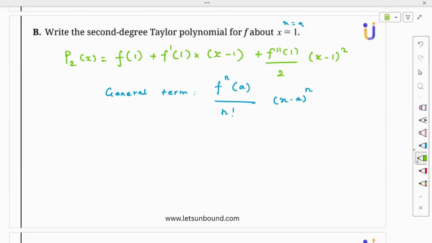So if I need the third one, this one is f of 1. You can use this from this, or you can treat this as n minus 1 also. So from 0 to 1, 0, 1, 2, you can plug in. So 0 means f of 1 by 0 factorial is 1, and 1 minus 1 will be 0.